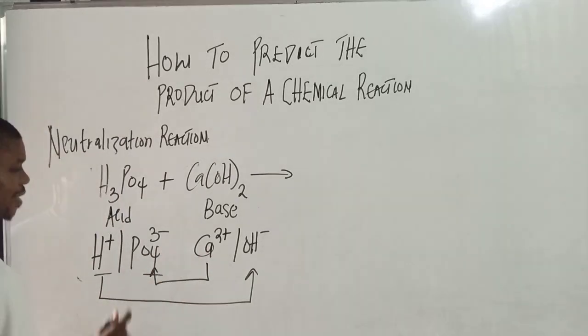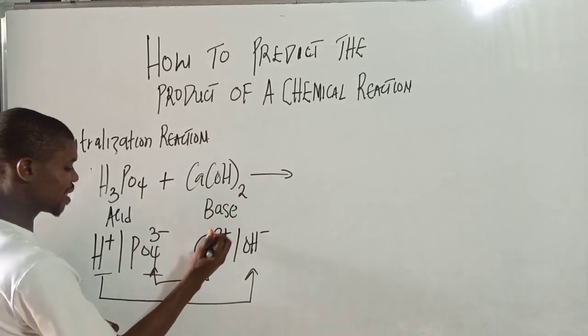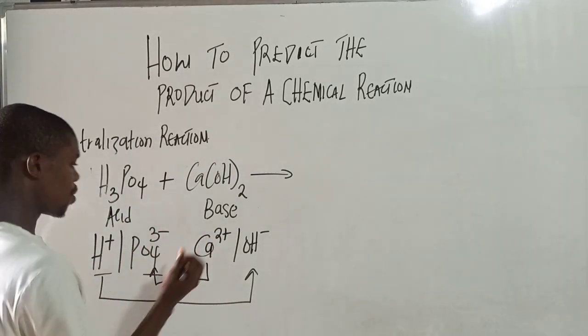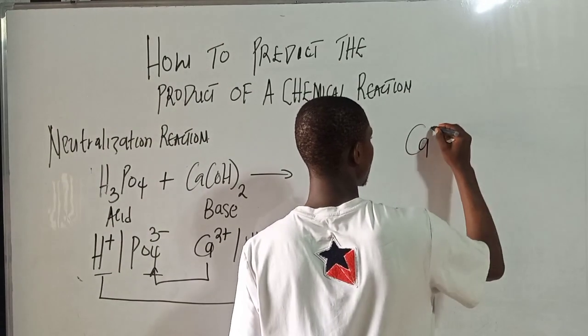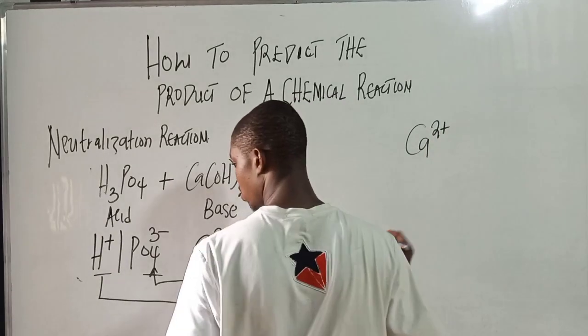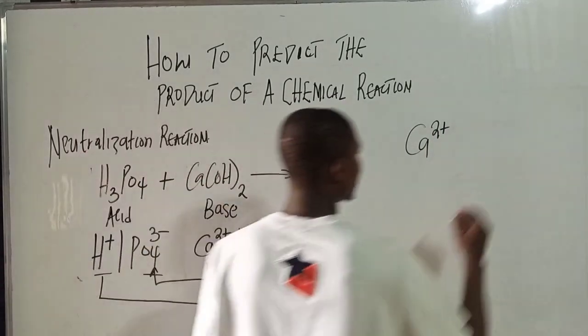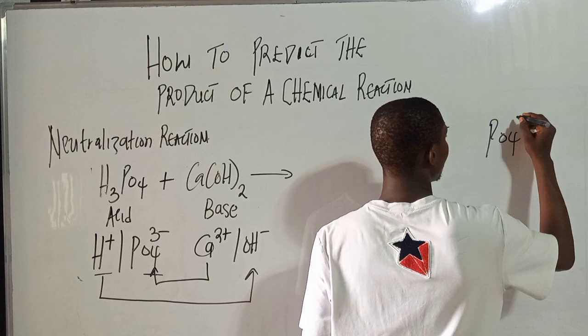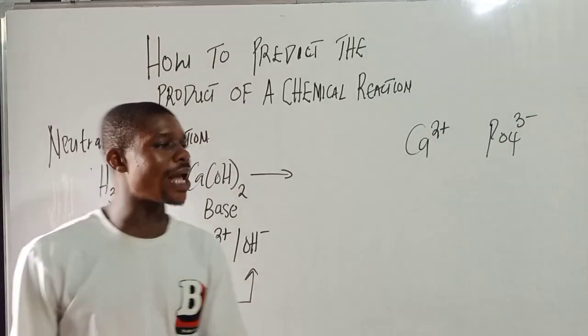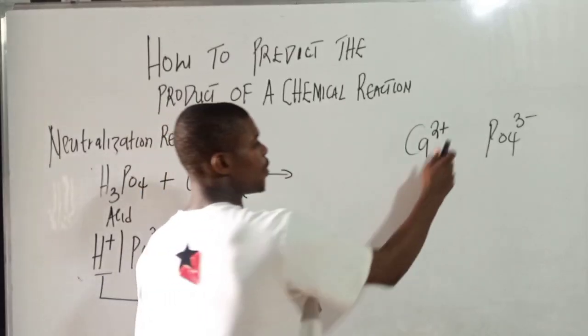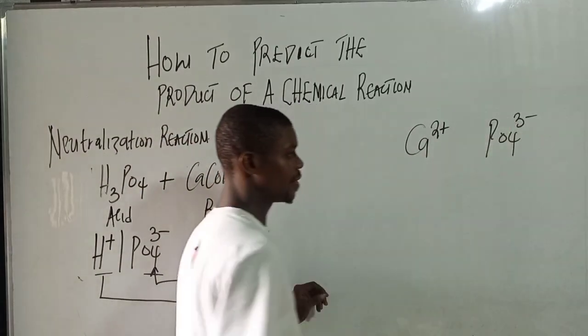So now let's take this two first. So remember, positive and negative, right? Positive and negative. So here we have Ca2 plus, then we have PO4 3 minus. Please look at it very well. So the reason why I'm combining two of them is because here we have positive, here we have negative.